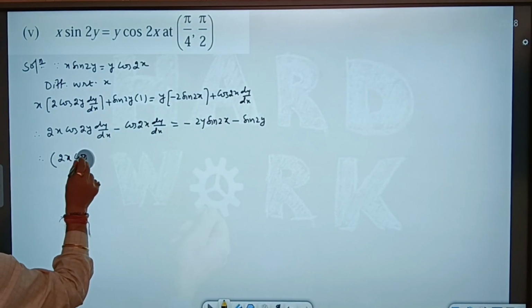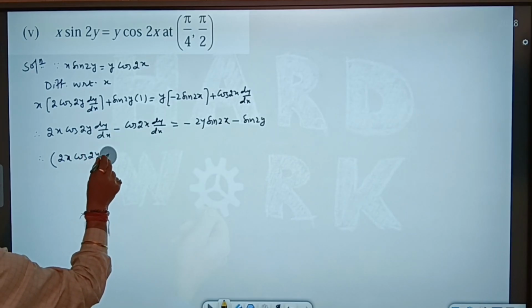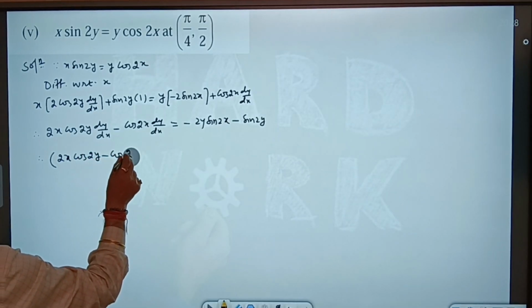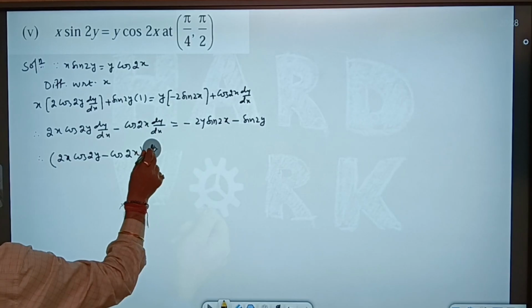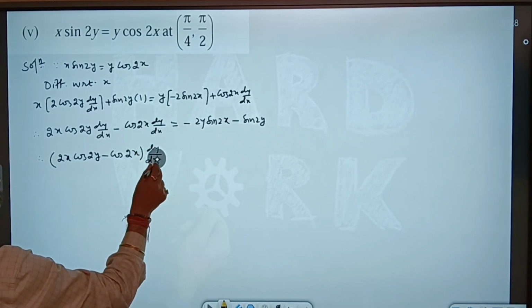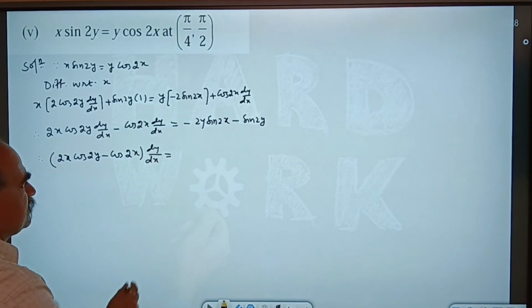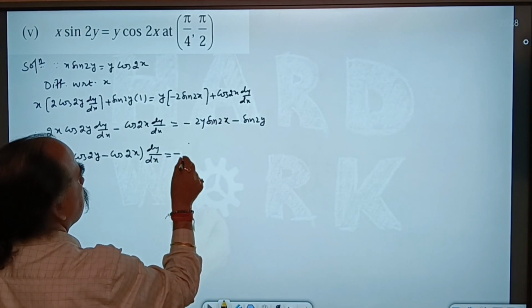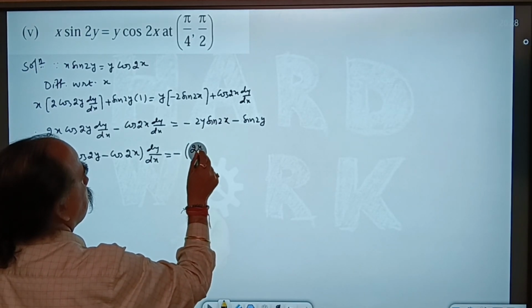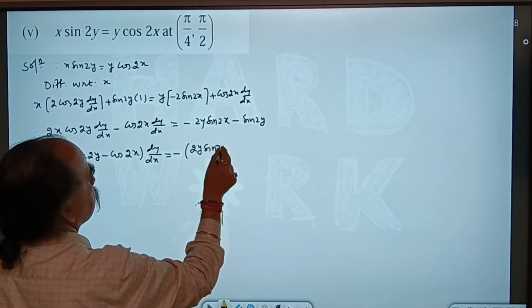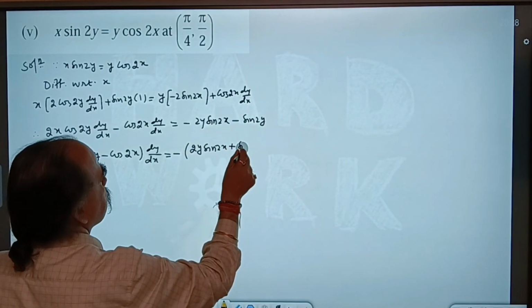So (2x cos 2y minus cos 2x) dy by dx is equal to minus (2y sine 2x plus sine 2y).